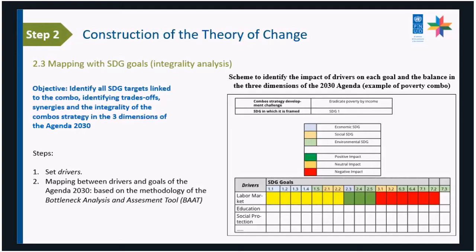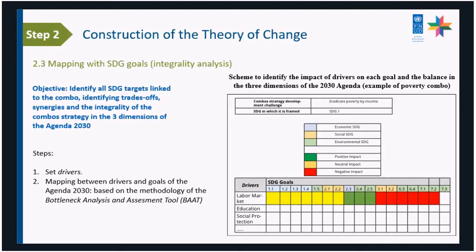UNDP took the lead in offering a set of sectoral missions to countries to help them think about how to implement the agenda as a whole. And so far, UNDP has led over 15 or 16 missions, more and more so in collaboration with other agencies, to various countries. In the context of those missions, we've been testing this methodology about how to think about acceleration and how to map these to the SDG goals.